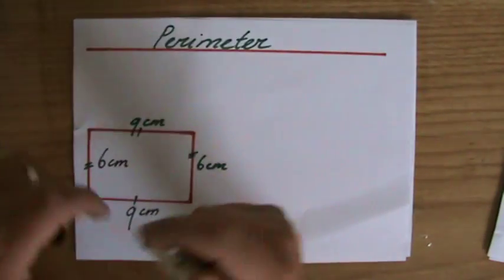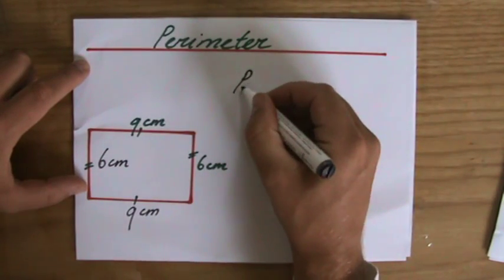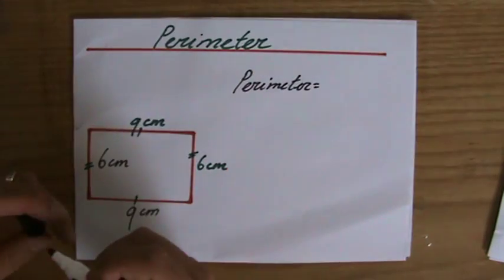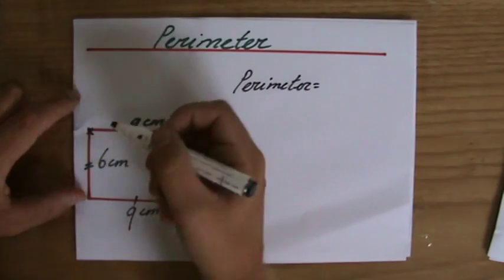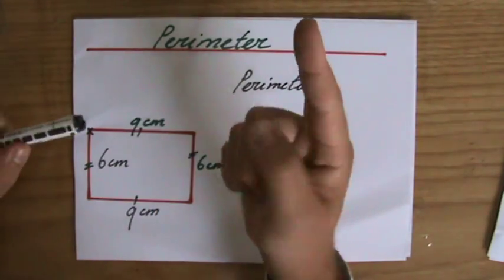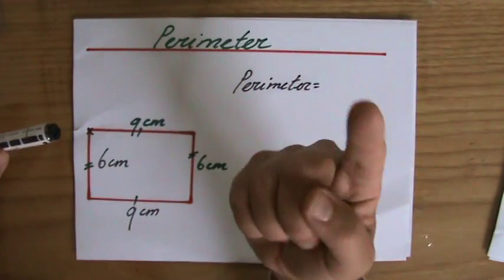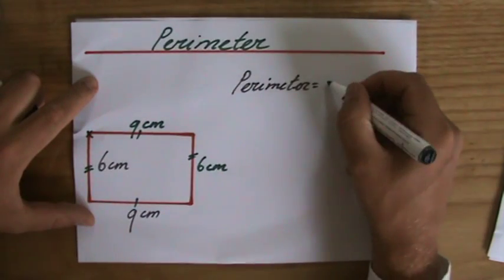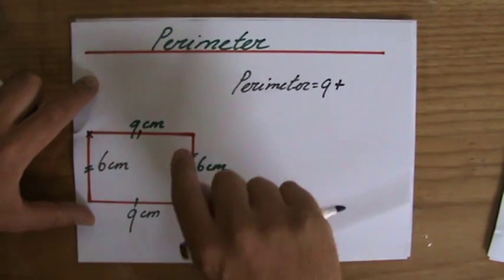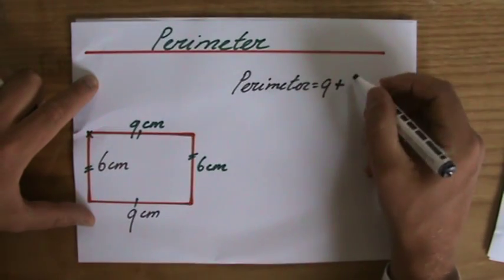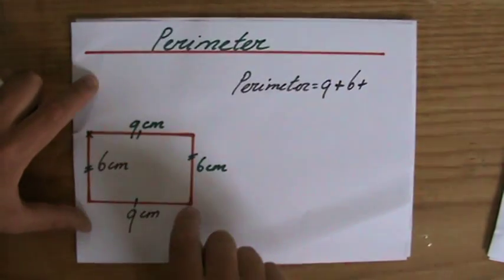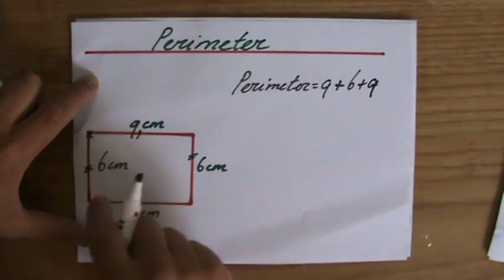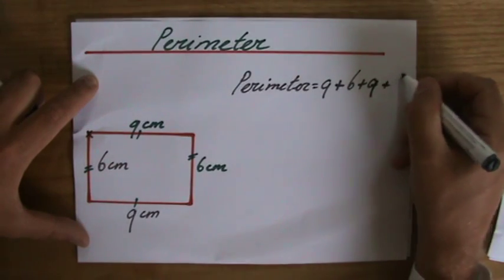Now, what is the perimeter? In this particular case, the perimeter equals, and what I always do, I just put a little cross where I start. I always use my finger for maths. It's 9, I'm going to write that down. 9 plus, now we're talking about the sum, plus 6 plus 9 plus another 6.